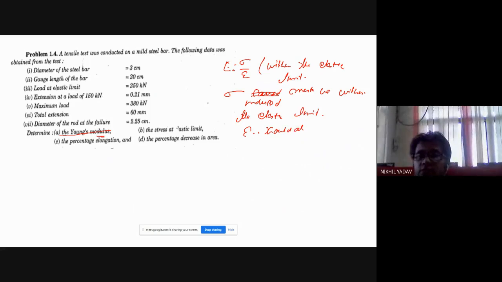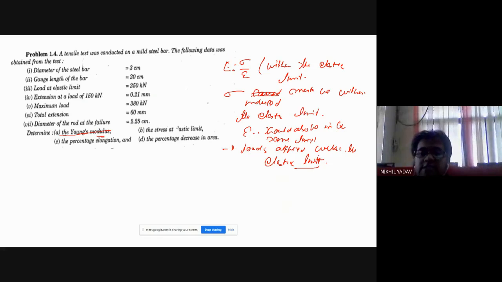This will always happen when the load is applied within the elastic limit. So we have inferred that if you have to find the value of E, everything should be within the elastic limit.